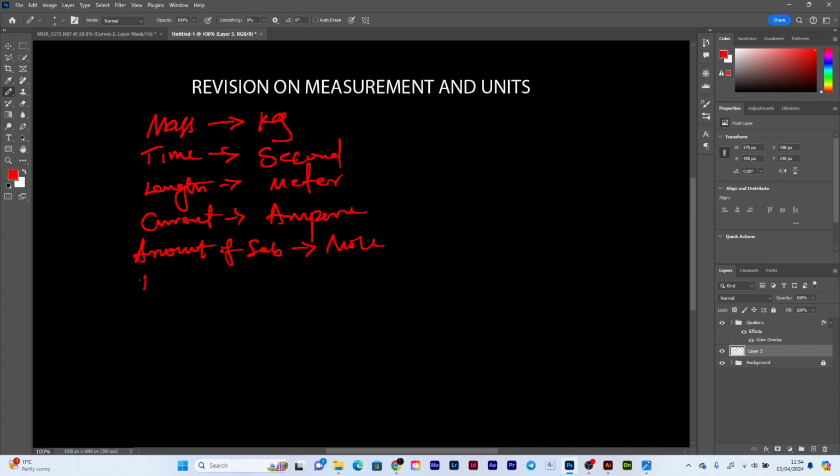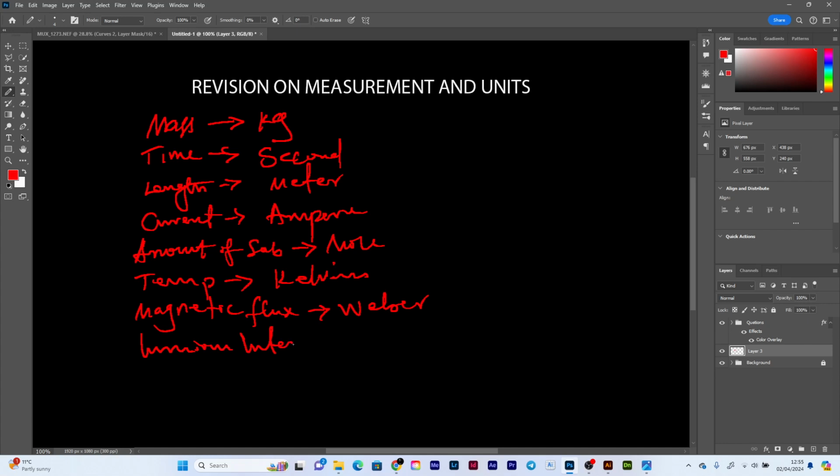For temperature, we have the Kelvin. For magnetic flux, we have the Weber. For luminous intensity, we have the candela.